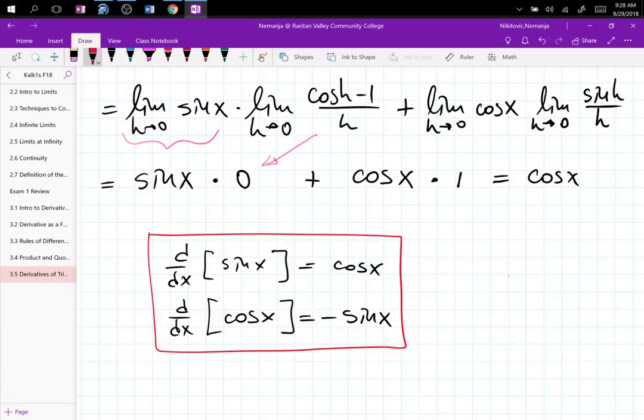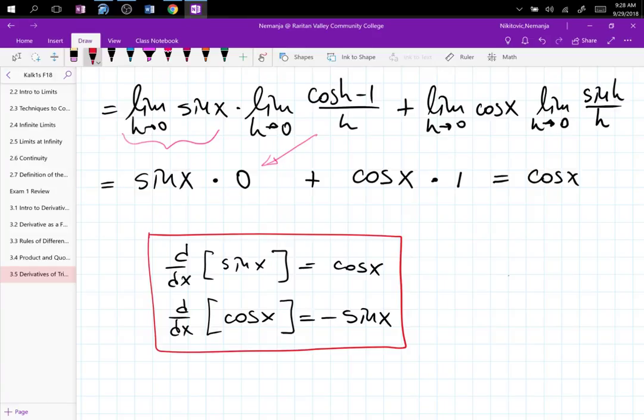Now you will have cosine of x plus h, which will be cosine x cosine h minus sine x sine h. You will still be factoring and splitting up and using the same two limits to eventually get negative sine. So this is the proof that the derivative of sine is cosine and the derivative of cosine is negative sine. As I said, very similar calculation for the other one.